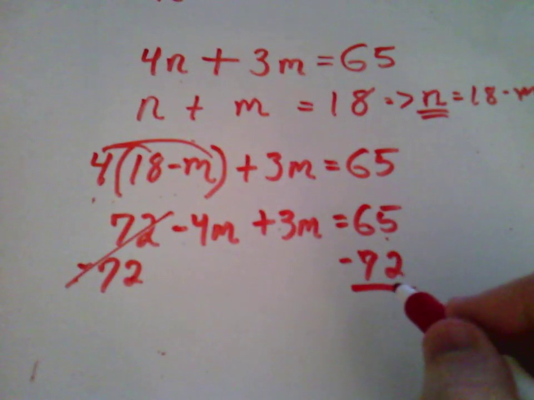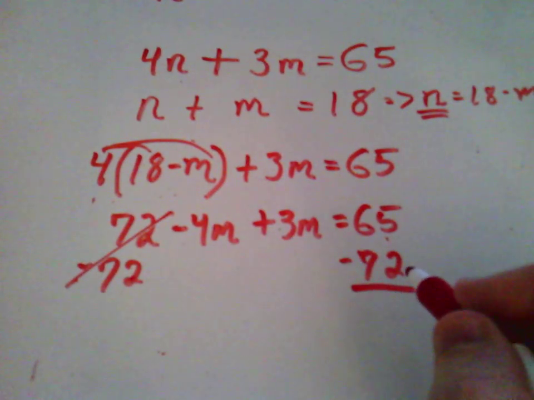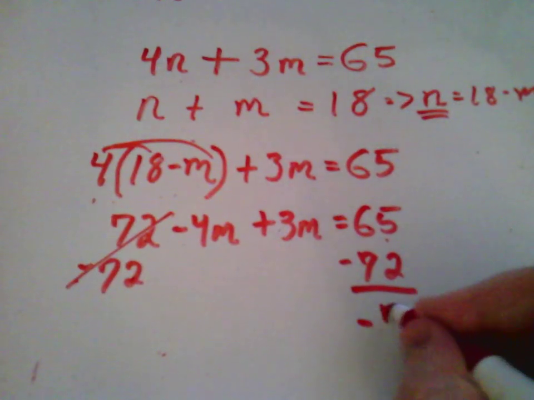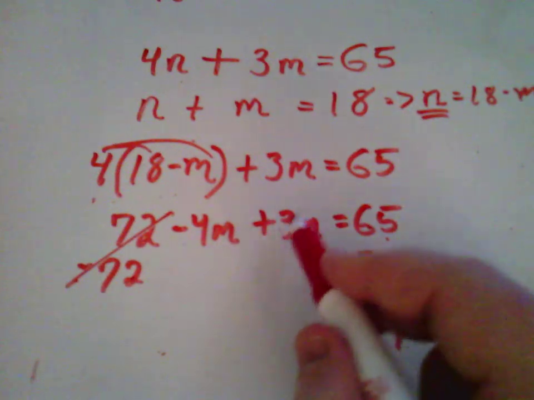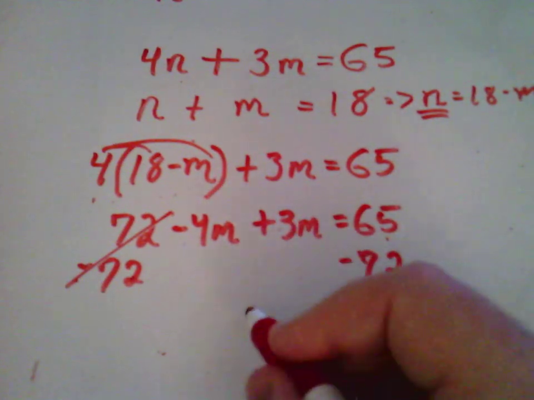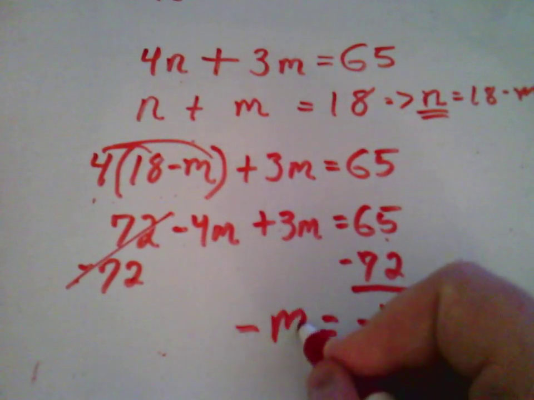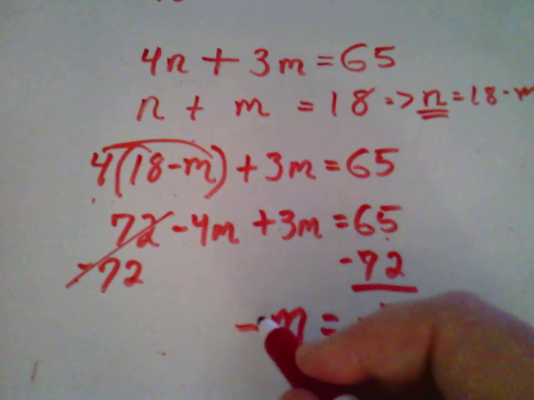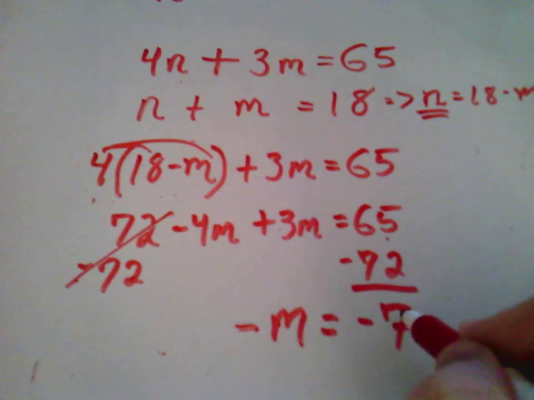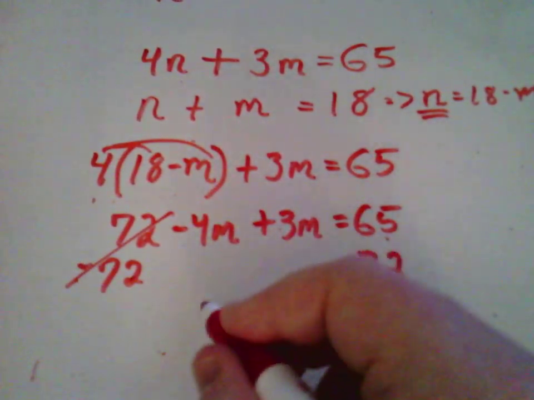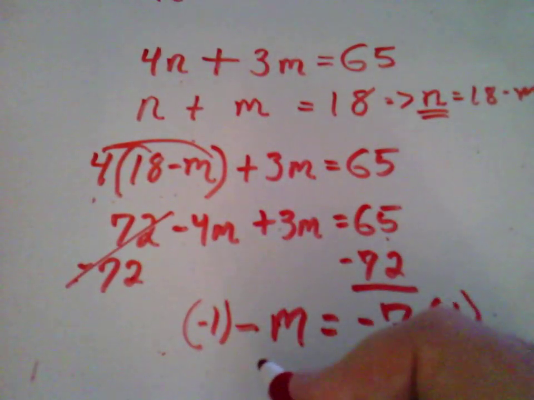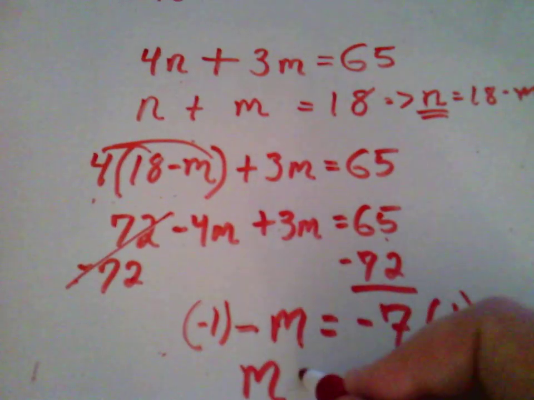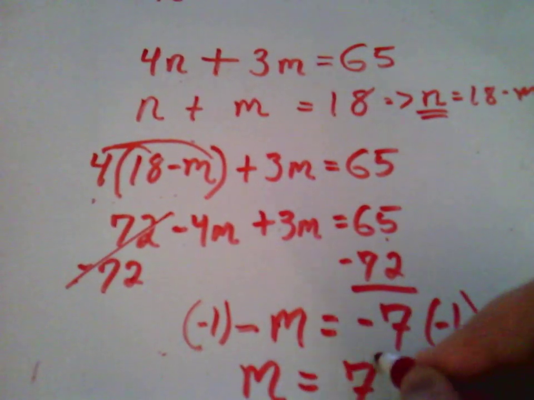That is, let's see, negative 7. Yep, negative 7. And negative 4m plus 3m, well, that's just negative 1m, or negative m. So if negative m is equal to negative 7, now let's multiply both sides times negative 1. Make this positive. We have m equals 7.